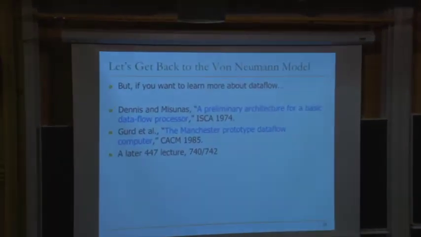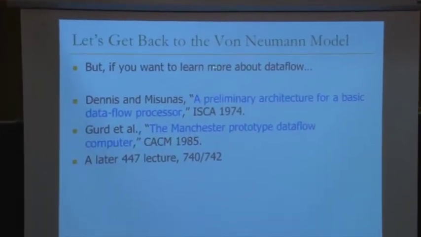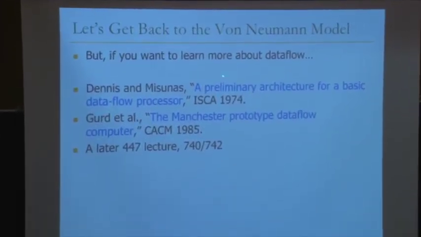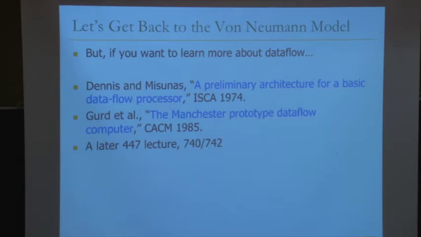But from now on, we'll get back to the von Neumann model, and we'll assume that for a long time in this course. But if you want to learn more about data flow, this is the first paper, Jack Dennis and Misunas's paper, that introduces some of the basic data flow concepts. It basically shows you those data flow graphs that I showed you earlier. And this is one example computer.